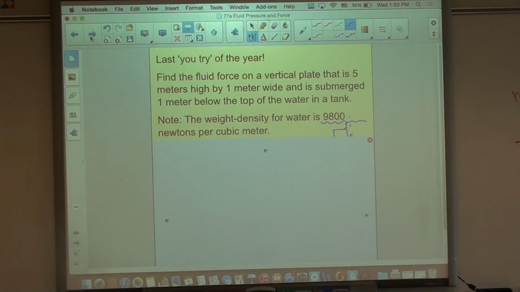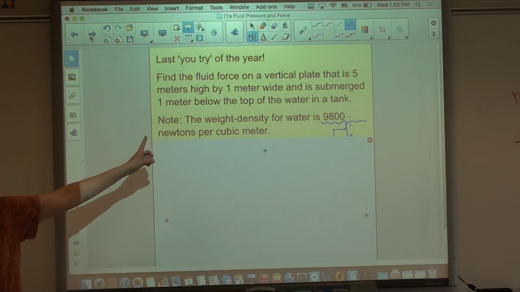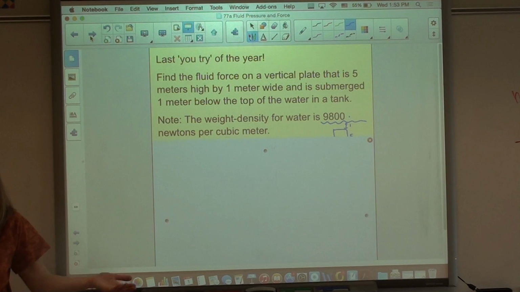One of the things you need to be aware of is that some of your problems are not in feet and pounds, they're in newtons and meters. So the weight density for water is 9,800 newtons per cubic meter. My third period had a student who researched and said yes, the 9,800 does relate to the 9.8 meters per second squared, because they both deal with gravity, so they are multiples somehow.